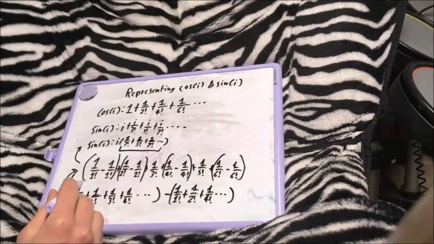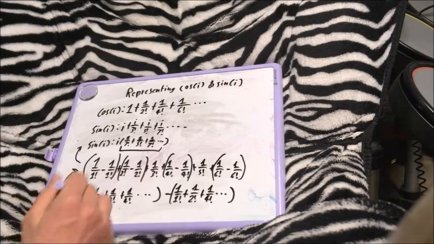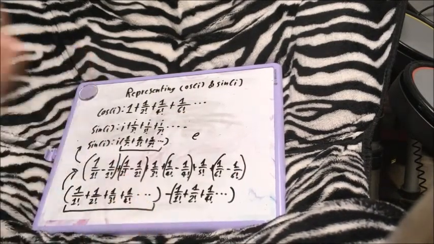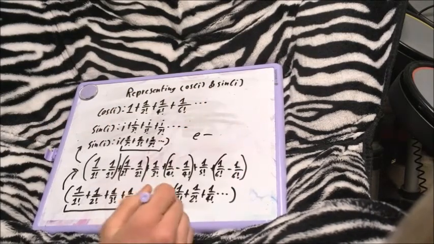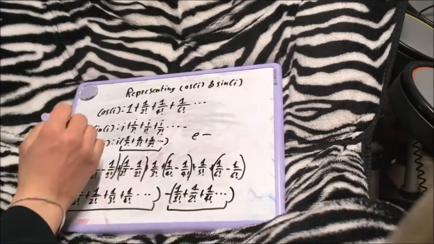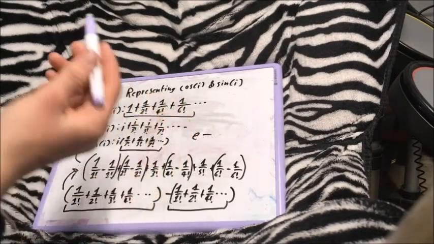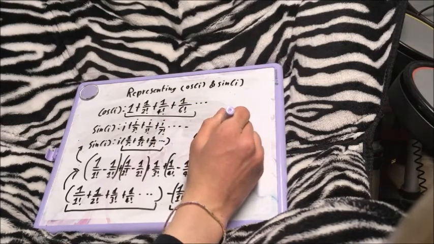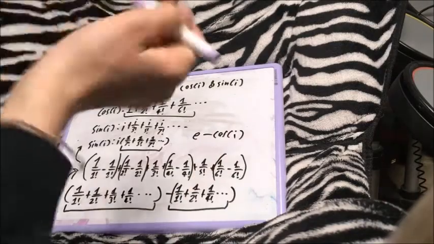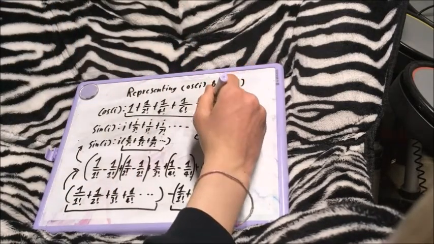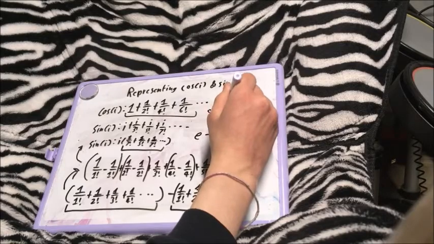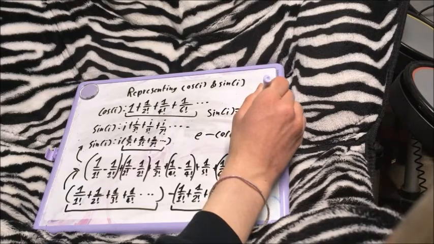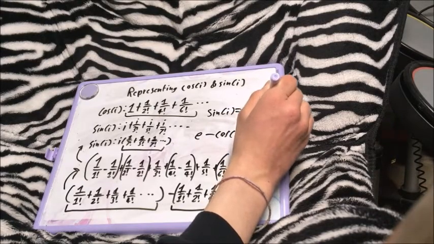Looking closely at these, we realize that this gives us e, because this is the definition of e, the Maclaurin definition of e, minus, if we check this with this, we see we get the exact same sequence, to get e minus cosine of i, which means that finding sine of i is going to be finding i times e minus cosine of i.